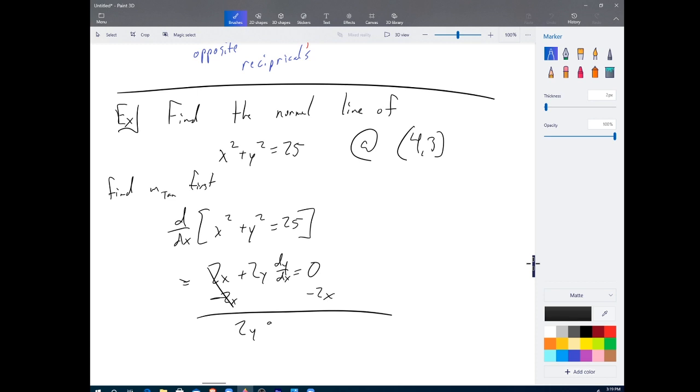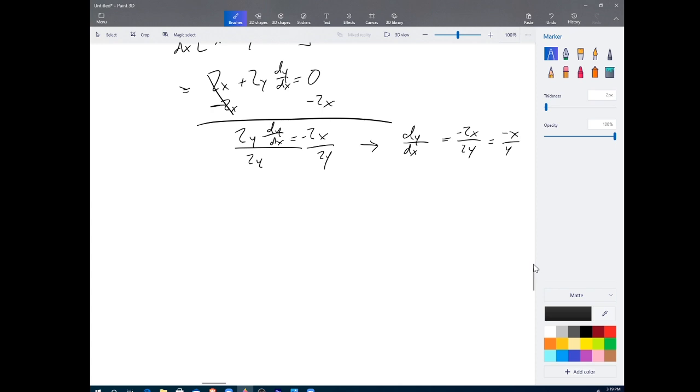I get 2y dy/dx equals negative 2x. Divide by 2y on both sides. And we get dy/dx equals negative 2x over 2y, which simplifies to negative x over y. Exact same thing as before.